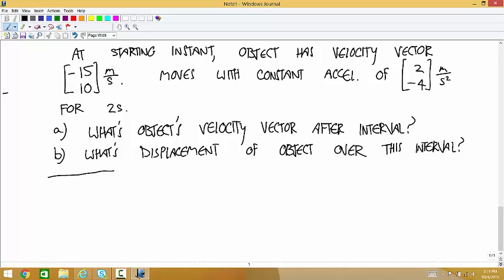Okay, so the first thing we have to do is make these 4 choices: time equals 0, time final, origin location, and the coordinate system orientation. For time equals 0, we'll choose what this calls the starting instant.